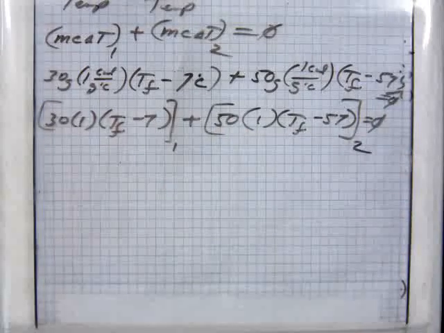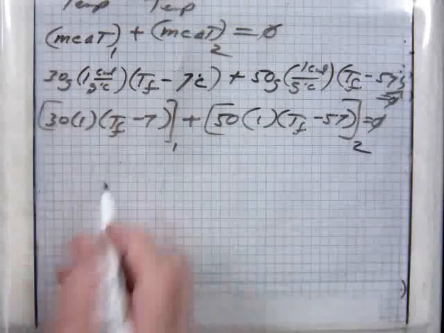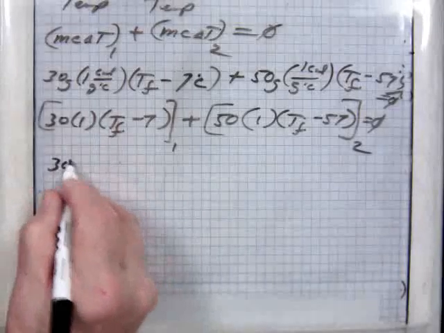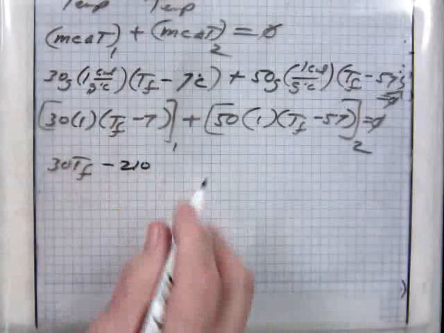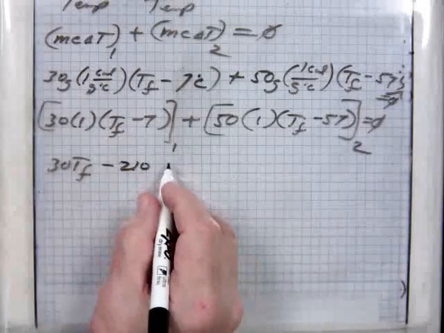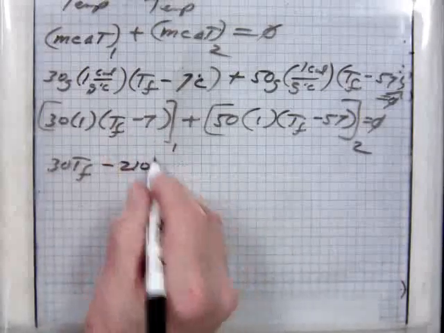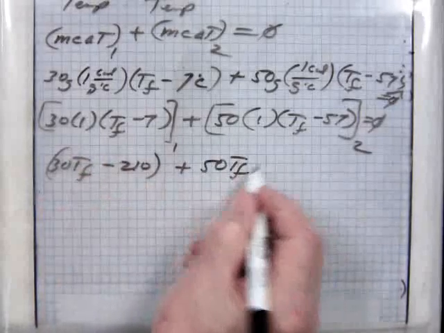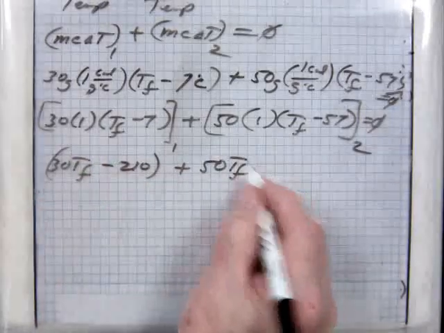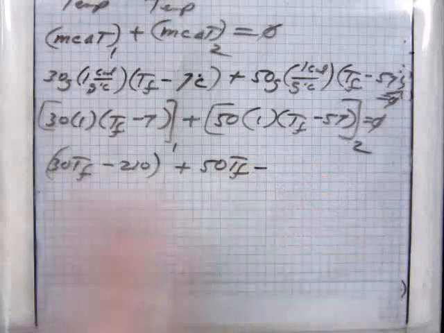Isn't that easier? Maybe. So we have 30 TF minus 210, whatever that is. So put that here plus, and then 50 TF minus 50 times 57.